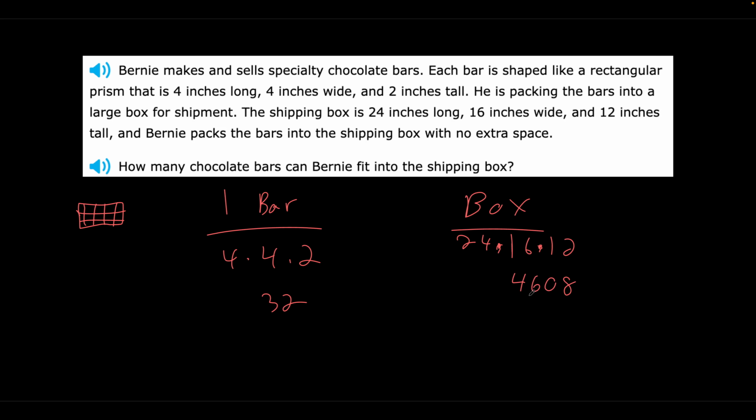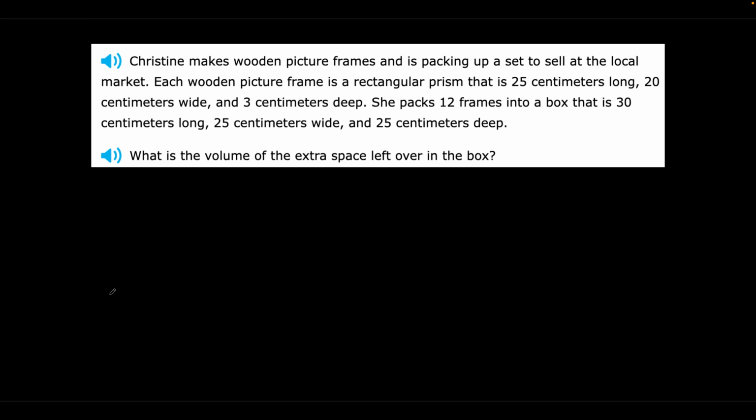This is the volume of one bar. And so to find how many chocolate bars we can fit in the shipping box, we just divide. We do 4,608 divided by the volume of each chocolate bar, which would give us 144 chocolate bars can fit in this shipping box.